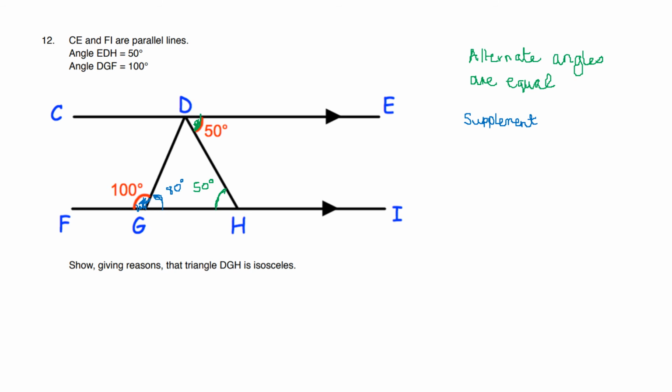We could also obviously say angles on a straight line. Now we can find angle GDH. So if we do 80 add 50, that's going to give us 130. Angles in a triangle sum to 180. So that will be 50 degrees.